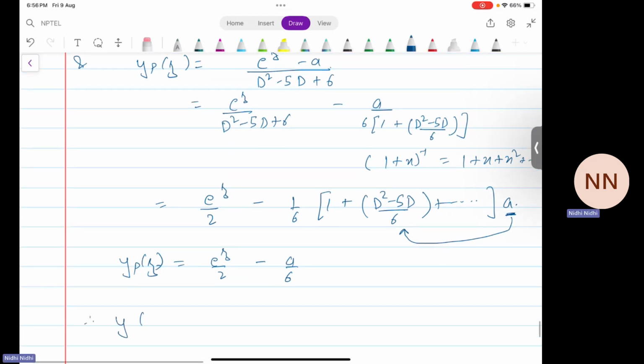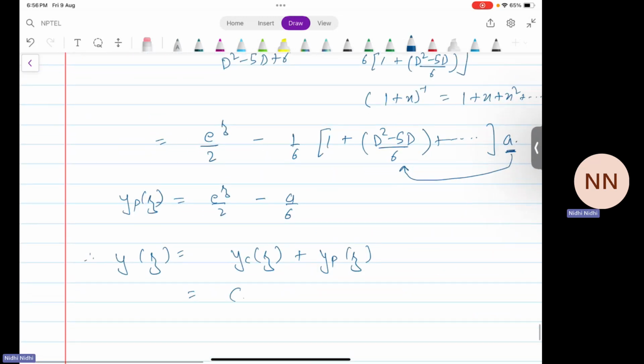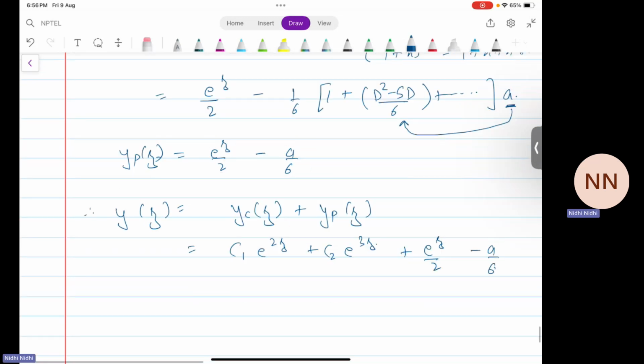Therefore our solution y(z) is equal to y_c plus y_p, what was y_c? C1 e^(2z) plus C2 e^(3z) plus e^z/2 − a/6. Now we know that z is equal to log t, which gives us y(t) = C1 t² + C2 t³ + t/2 − a/6.